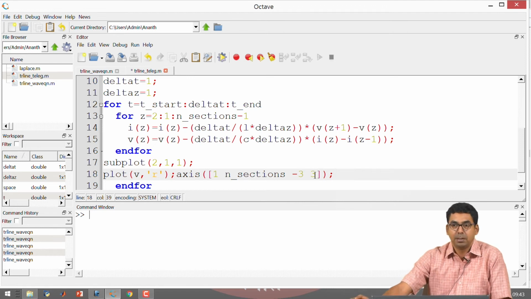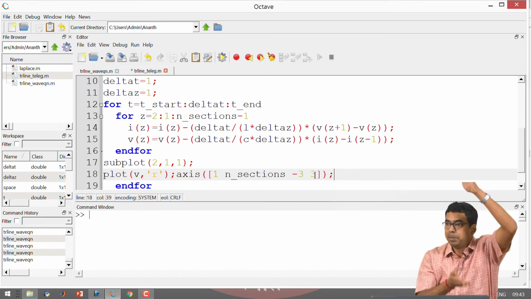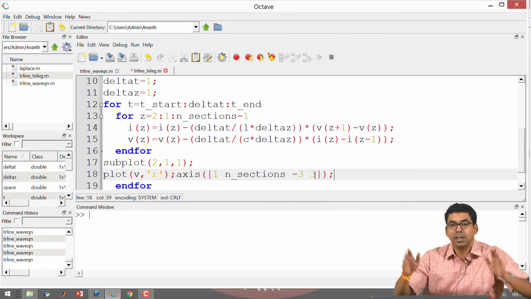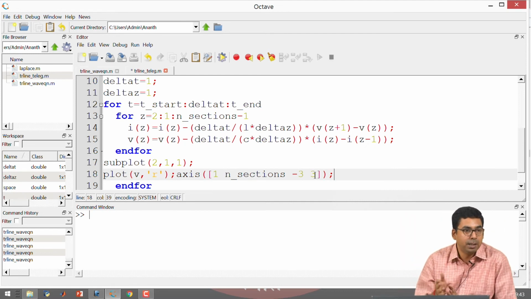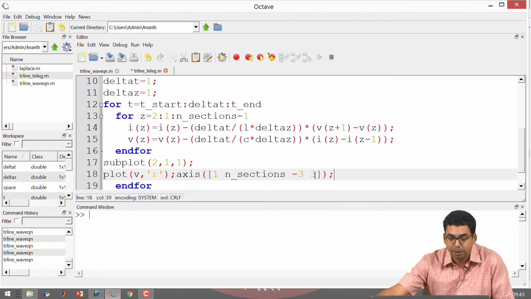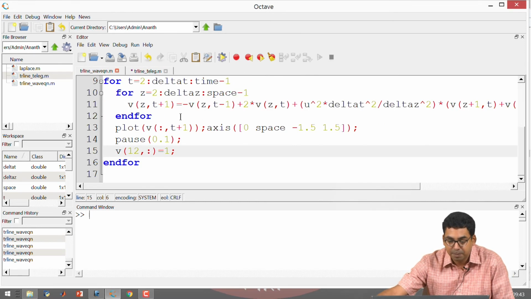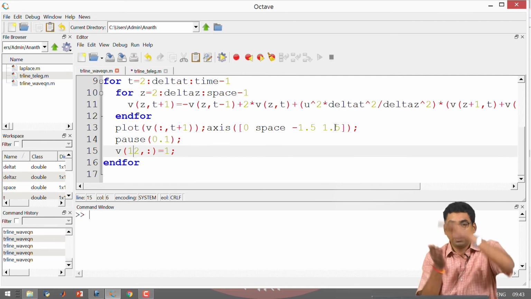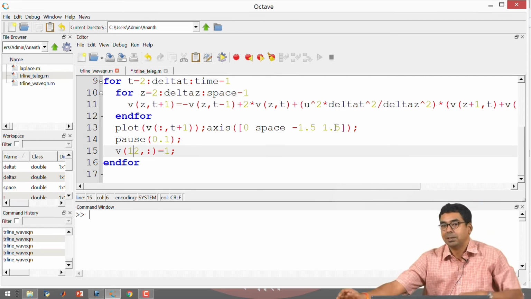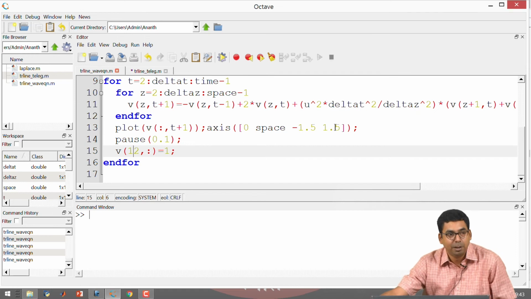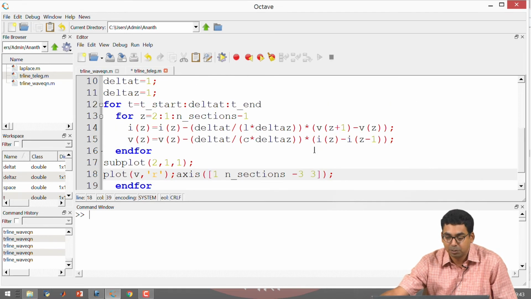I want to specify this because I saw already in the wave equation that when reflections happen and all that, the value of the y axis keeps jumping here and there. I want to keep the y axis fixed so that my concentration is on the voltage or the current quantity. So that's what we had used in the transmission line equation also. We had given an axis command. All right. If we don't give this, it keeps going up and down. The axis scales depending upon the current value of whatever voltage or current you have calculated. So I want to keep it fixed.